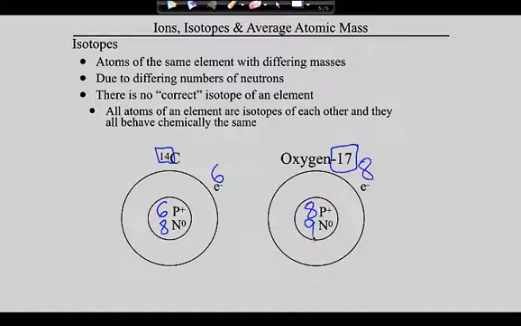Please. Yeah, Jared. Yes. Hey guys, Jared's question is good. I'm going to paraphrase if you don't mind. I think what Jared's asking is, can something be an isotope and an ion?